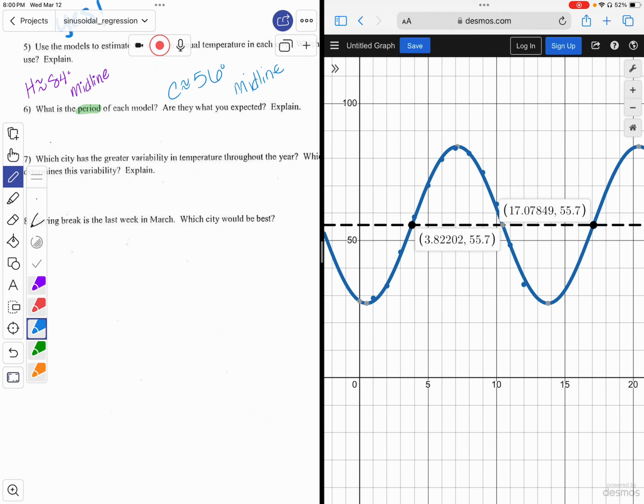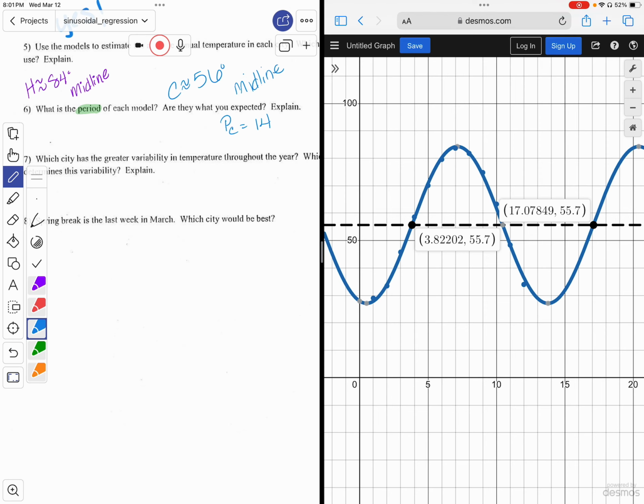So we started at 3.8 and we finished at 17.1-ish. I'm going to just round. We started at close to 4 and finished at 17. Again, just rounding to help with the number crunching, which meant my period for Chicago was 14.